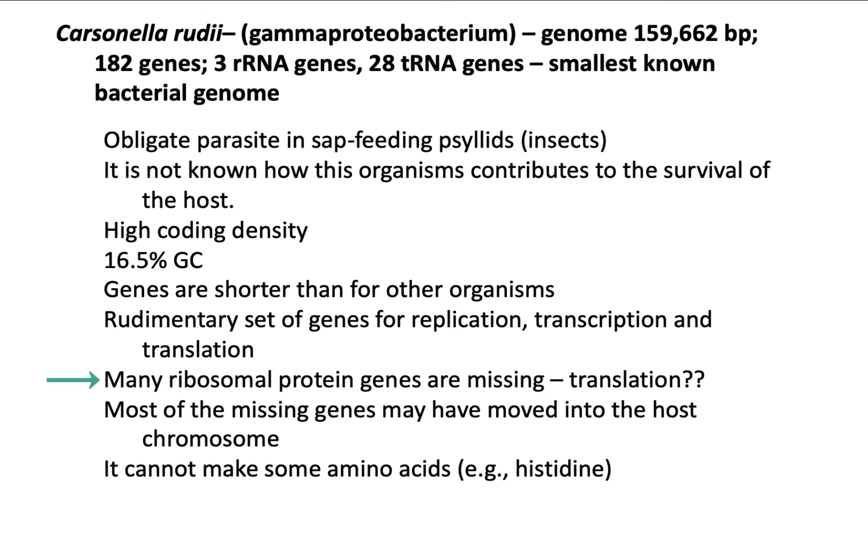So this is more characteristic of an organelle than of an endosymbiont, at least an early endosymbiont. Most of the missing genes may have moved to the host chromosome, and this is also characteristic of an organelle. So it's sort of on the border between an endosymbiotic bacterium and an organelle. And it cannot make some amino acids, including histidine.